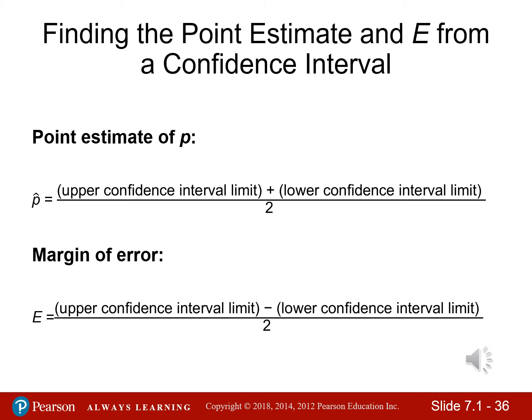In that case, P hat would equal the upper confidence interval limit plus the lower confidence interval limit divided by 2. And the margin of error would equal the upper confidence interval limit minus the lower confidence interval limit divided by 2.